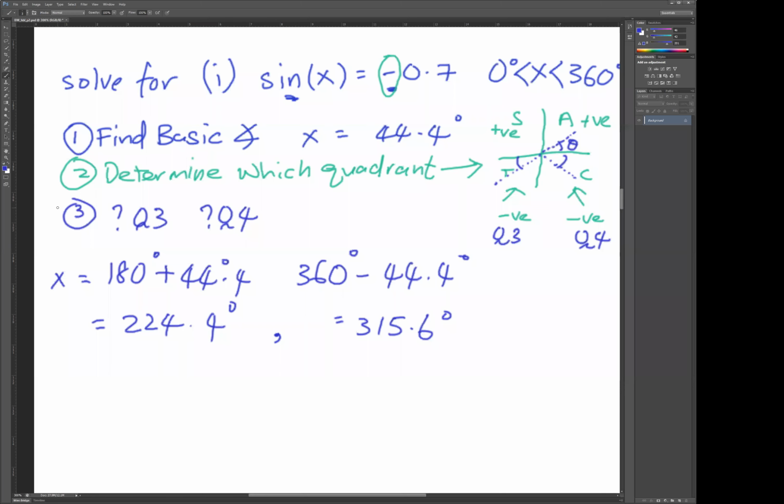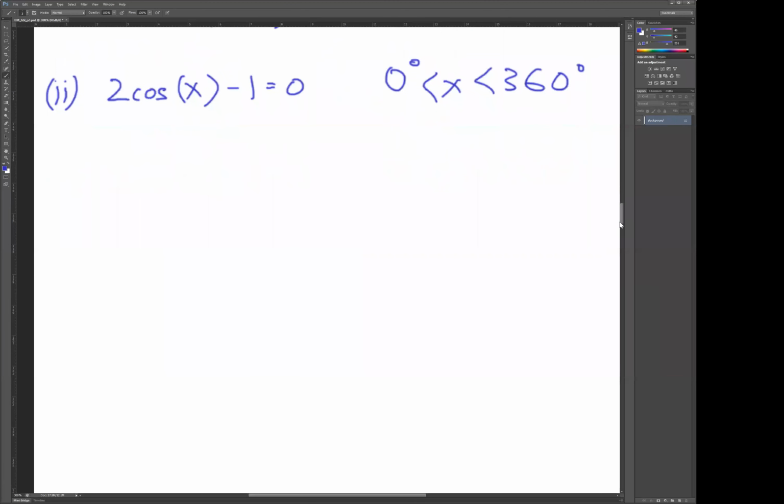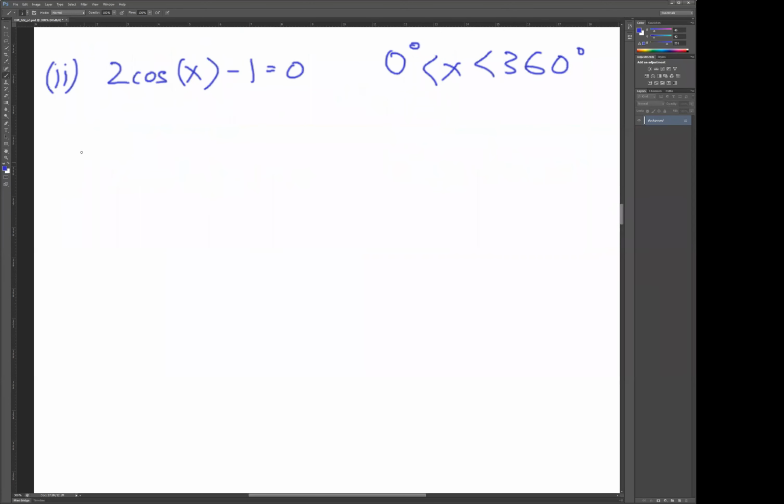So the next question is similar. We are required to solve for 2 cos x minus 1 equals 0 for the range between 0 degrees and 360 degrees. So once again, what do I have to do?